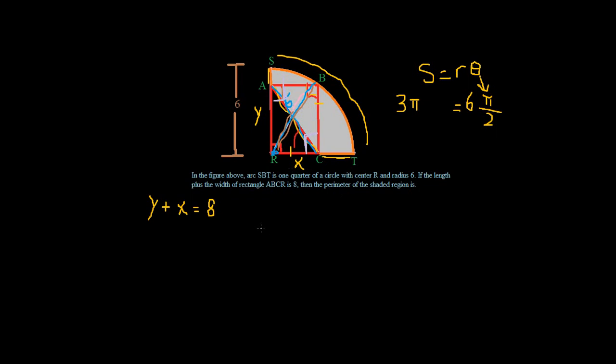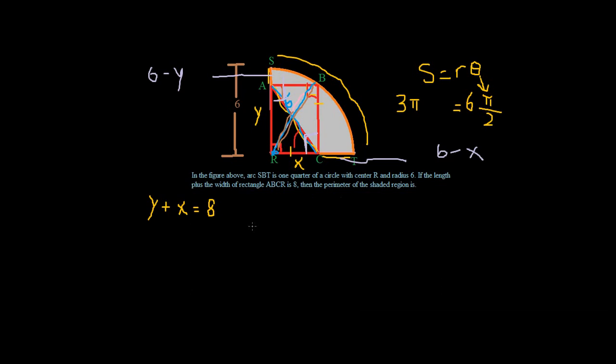So from this idea, we could label SA as 6 minus y, and CT as 6 minus x.